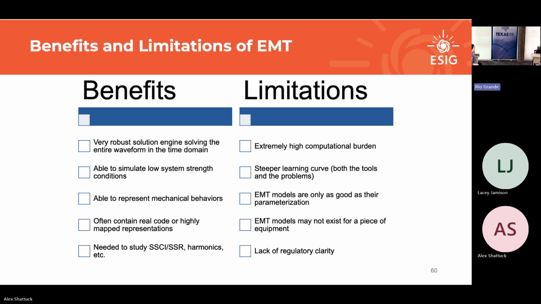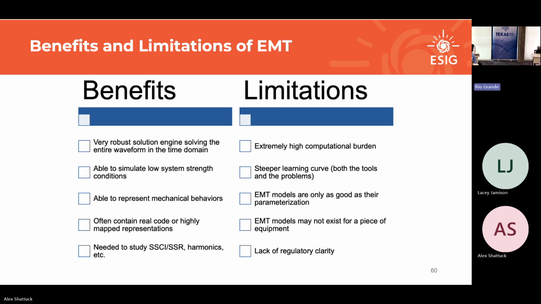EMT models might not exist, just in general, just literally may not exist. And there's two different types of not exist, right? There's, I bought a product from the manufacturer. They never built EMT models because it wasn't ever a thing in the last couple of years. They're out of business now. How do I get an EMT model? I don't have a manufacturer to go to.